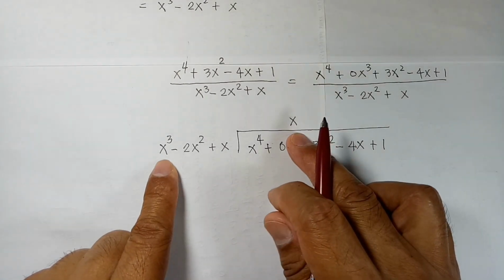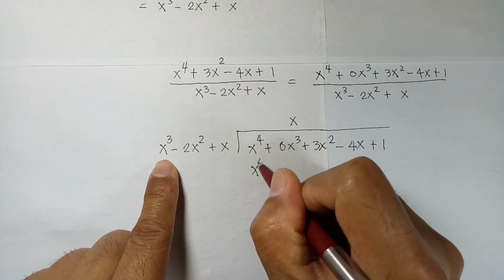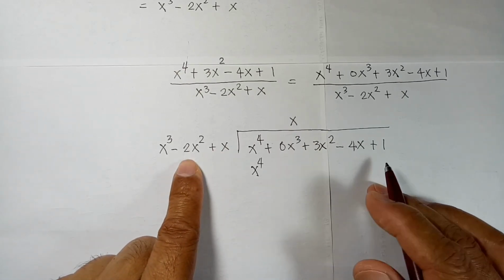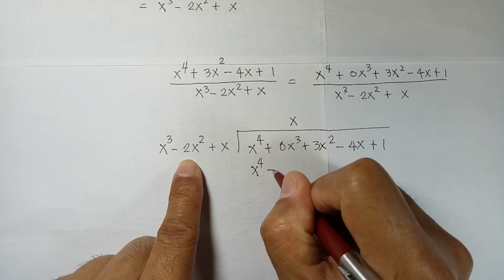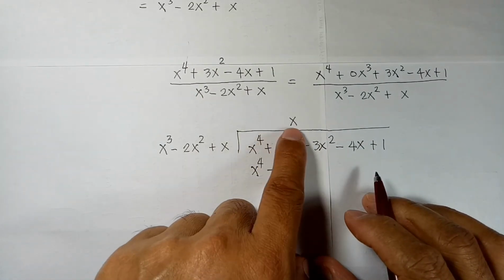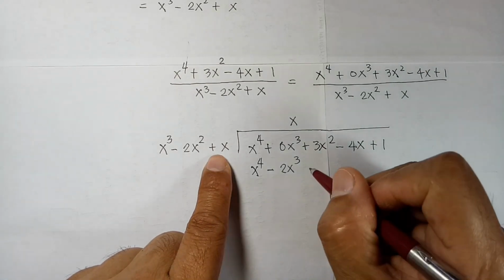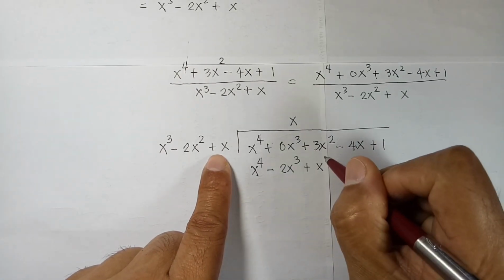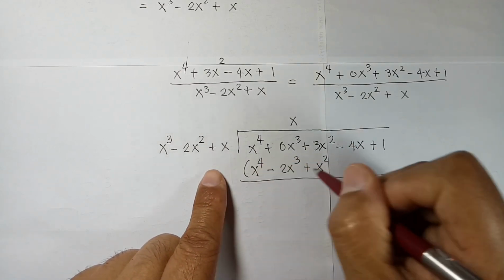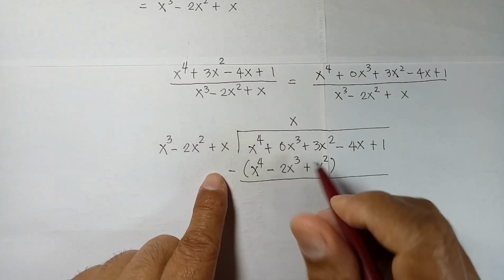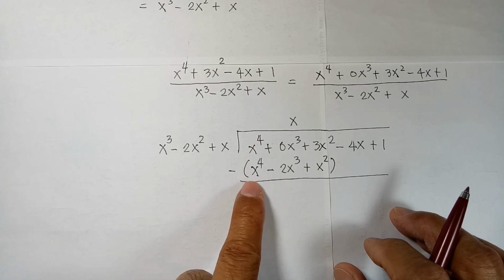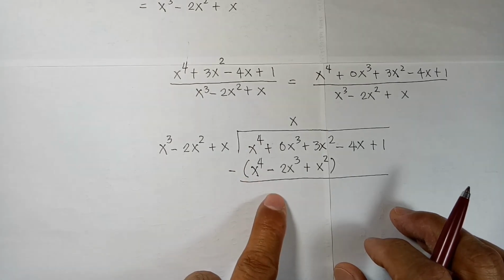So x times x cubed is x to the fourth, and then x times negative 2x squared is negative 2x cubed, and then x times x is x squared, so plus x squared, and then subtract. So change the signs of the subtrahend. So x to the fourth plus negative x to the fourth is 0.